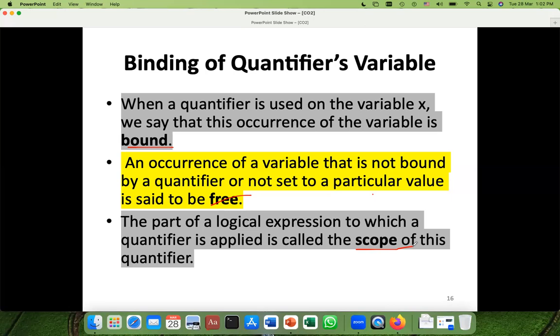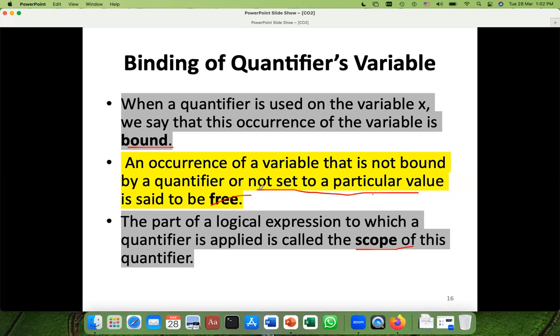But for free, you also have another sentence for its definition. If a variable is not bound by a quantifier, that variable is called free.